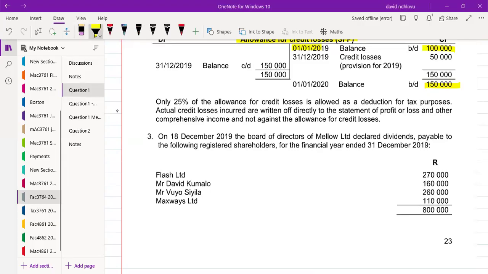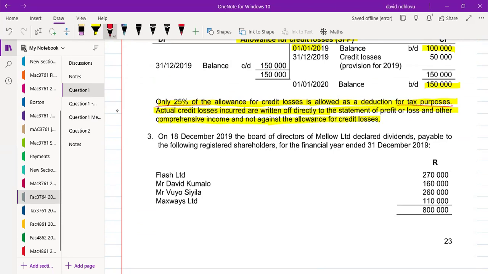So they say only 25% of the allowance for credit losses is allowed as a deduction for tax purposes. Actual credit losses incurred are written off directly to the statement of profit and loss and other comprehensive income, not against the allowance for credit losses.